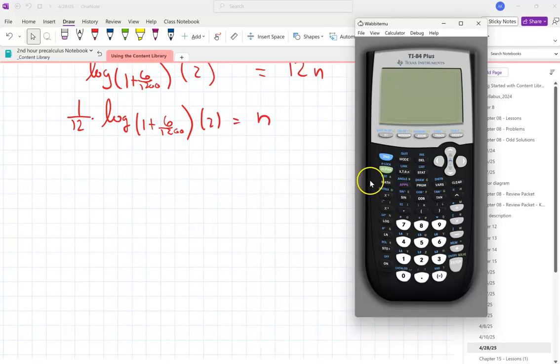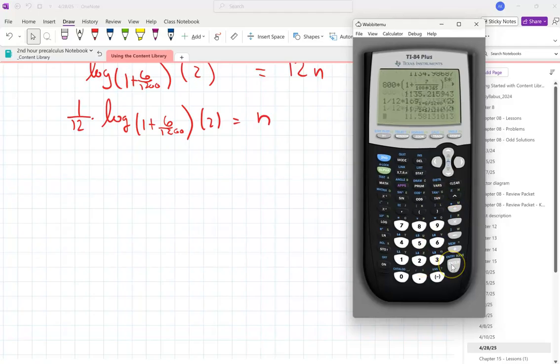Now, alternatively, how else could I have done this on my calculator if I didn't want to use a logarithm? Does anybody remember? So it takes about 11.6 years.